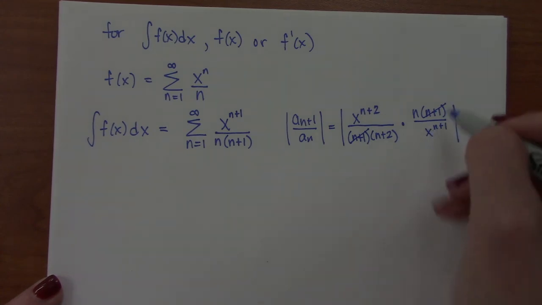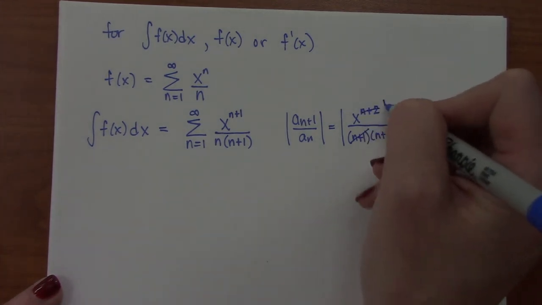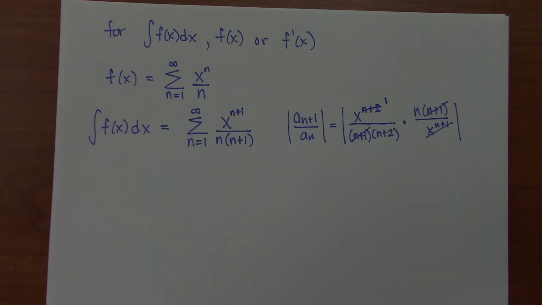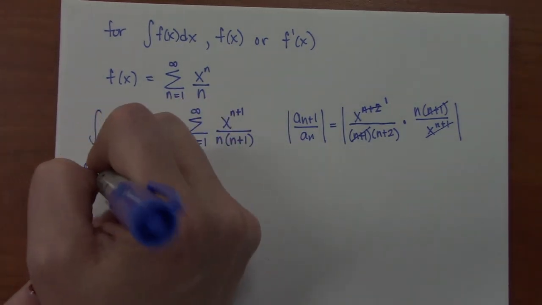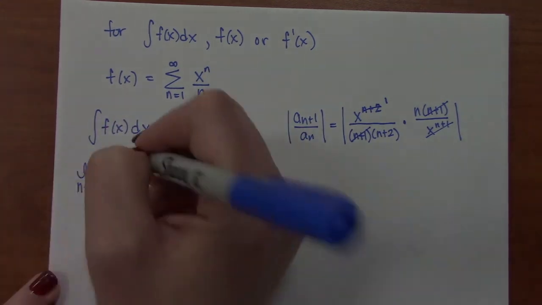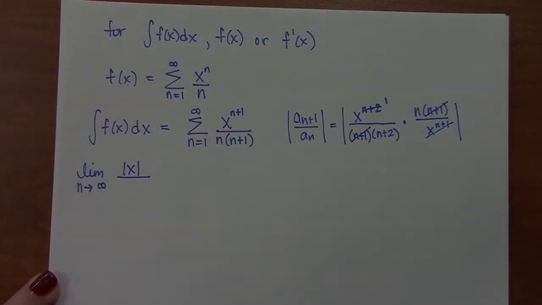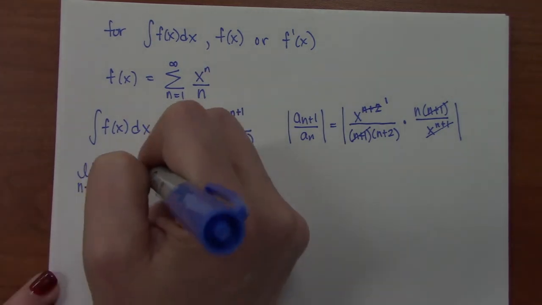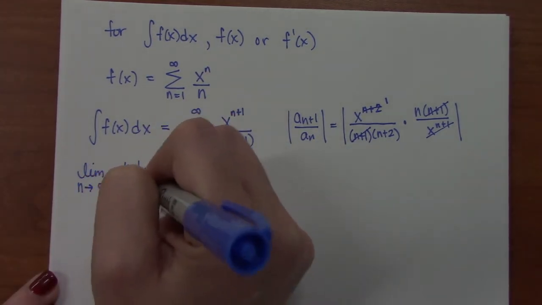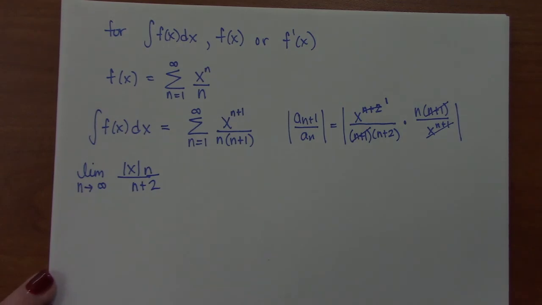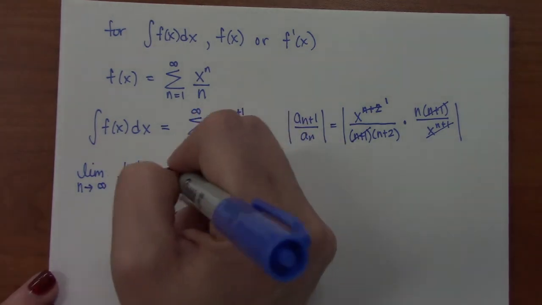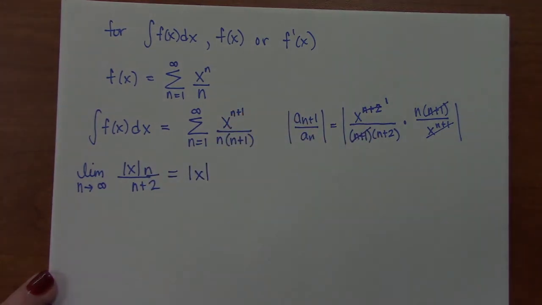My x to the n plus 1 cancels and just leaves me with 1 here, because this was x to the n times x. Up top, it was x to the n times x squared. The x to the n's went away, and the extra x in the bottom only left me with 1 in the top, right? So the limit we're going to look at, I just have an x in the numerator, and then I have n over n plus 2 is all that I had left. So the limit of this is just the absolute value of x.